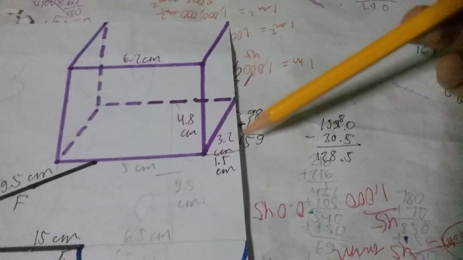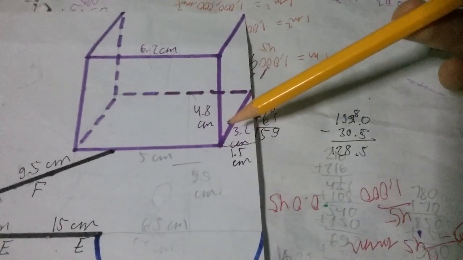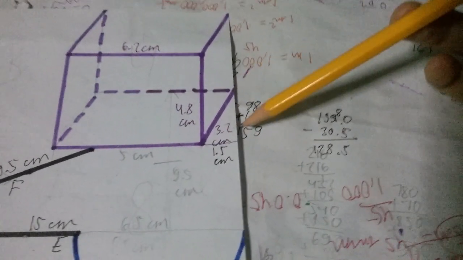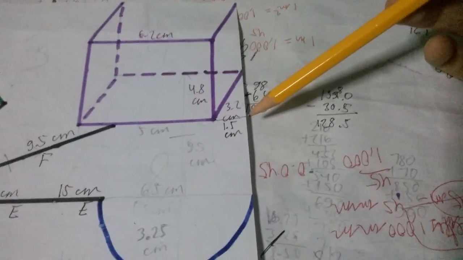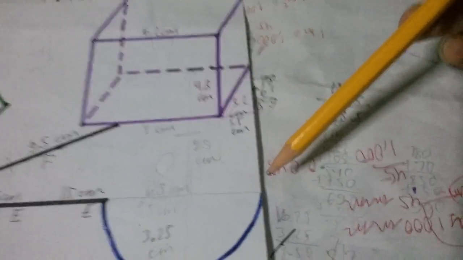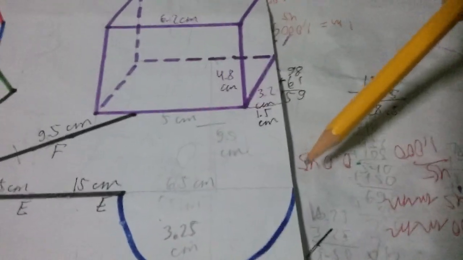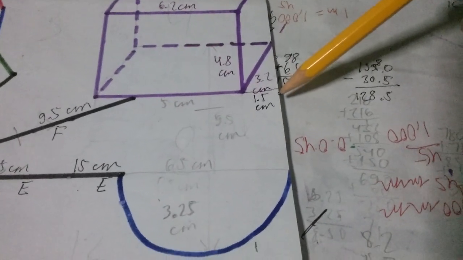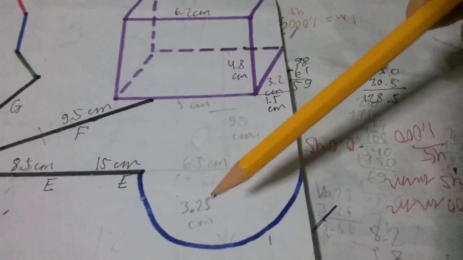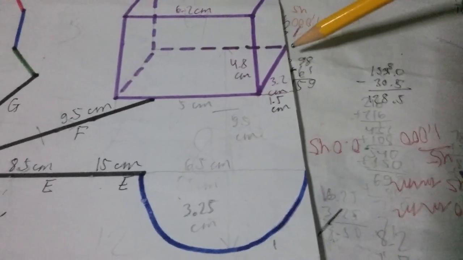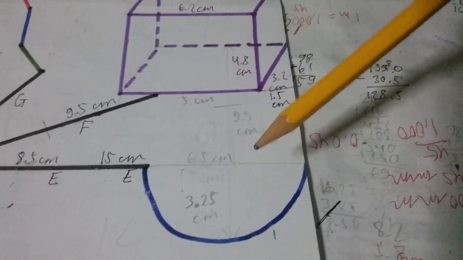Remember, this is A, then B, then C. We need to get the measure of letter B. So that, based on letter B, we can get the missing measure of this one. Moreover, we will be able to tell what the measure of this one is, by subtracting the entire height minus the summation of these two: this length and this 3.25.